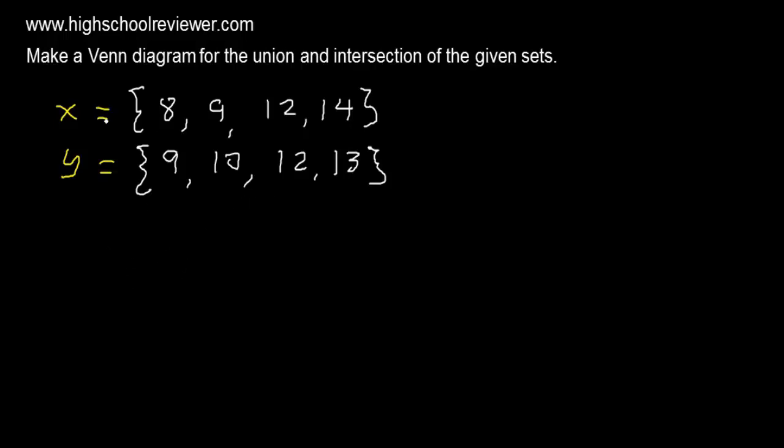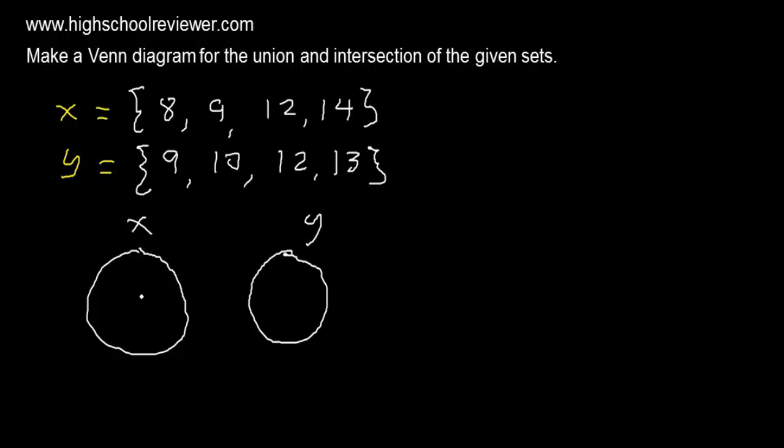Now, if we represent this just as X and Y, this will be the diagram for X, and this will be for Y. So they are separated. X has the following elements: 8, 9, 12, and 14.